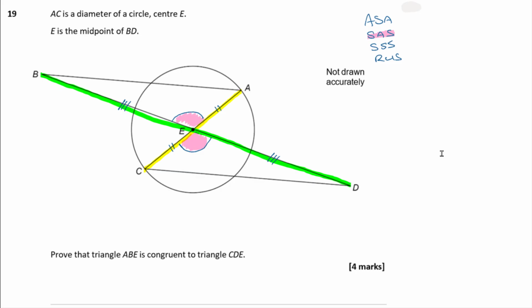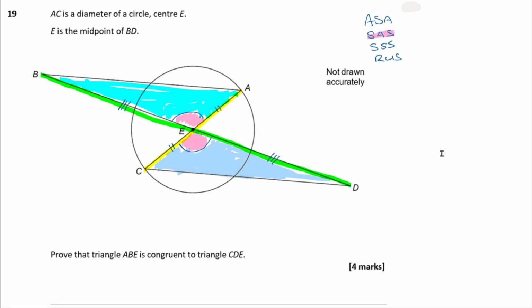Because if you look at the triangle ABE, this triangle up here, you can see that I know two sides and an angle are the same as the other one. Okay, so I'm going to be using SAS to prove that this triangle here is the same as this triangle over here. Okay, so these are my two triangles that I'm showing are congruent.